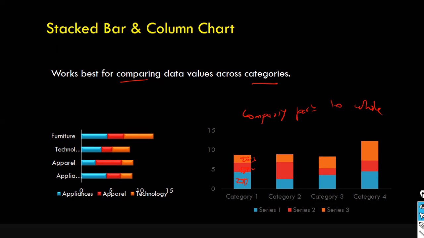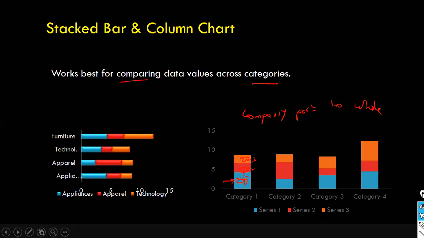Unlike the clustered column chart or clustered bar chart, in a stacked bar chart we don't compare one category with another category. How much sales did we make overall, what is the total sales, and for a specific category, what is its ratio? If you want to compare a part to the whole, then you can go for a stacked bar chart.